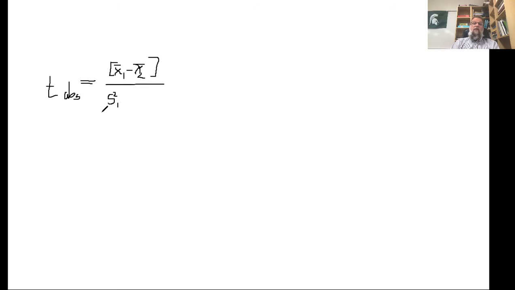That 1 means it's from sample 1, divided by the sample size of sample 1, plus the variance in sample 2 divided by the sample size of sample 2. Those two numbers don't necessarily have to be equal. And you're going to take the square root of that whole thing. And so that's the formula for calculating t absolute, which you're then going to compare to t critical.